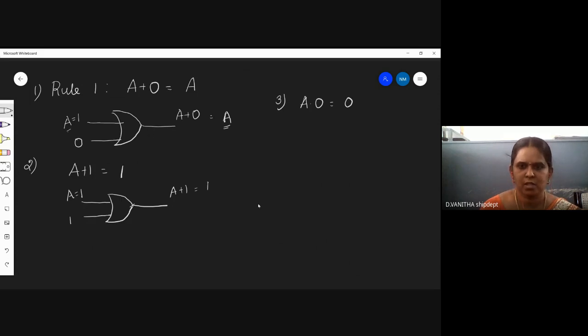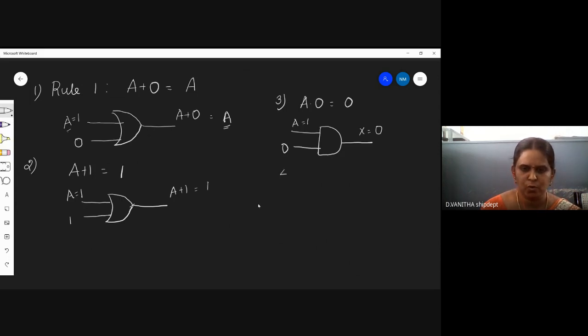So this can be drawn by using the AND gate. So this will be A and this is 0. So we are getting the output X is equal to 0 only. If A is equal to 1, 1 into 0, 0 only. 0 into 0, 0 only. So whatever it is, that value is equal to 0 only.